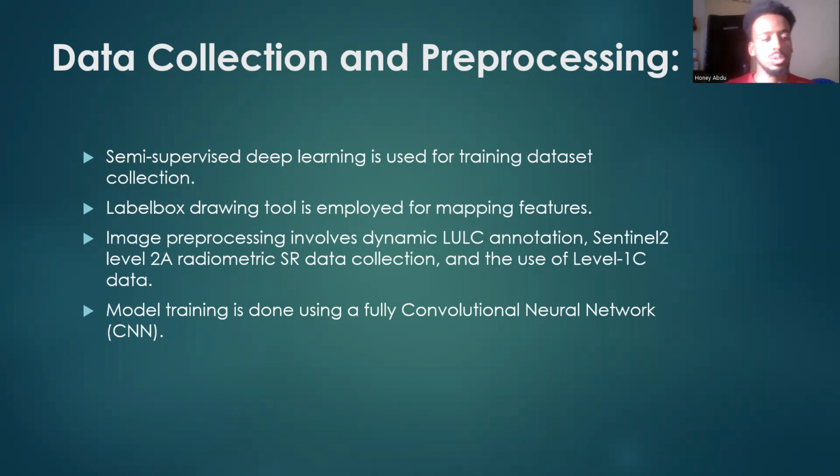Then we shall also talk about image preprocessing, because remember these satellites have different layers, and these layers collect images at different wavelengths, at different infrared wavelengths. Then we have the data model training using convolutional neural networks.